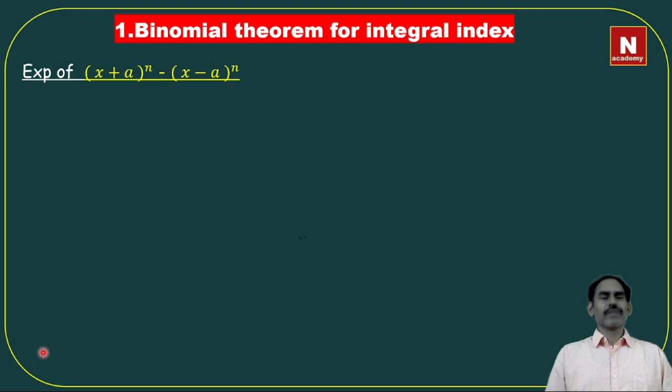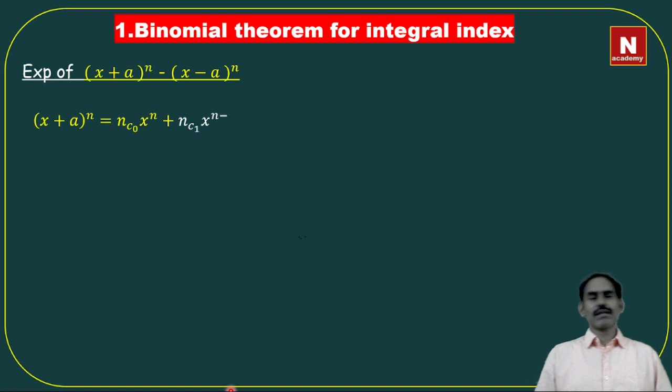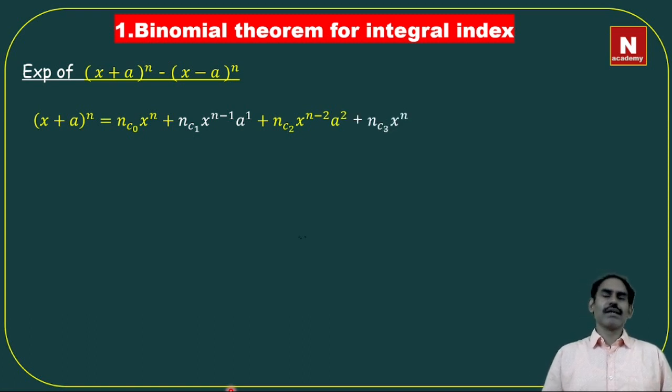Now the expansion of (x + a)^n - (x - a)^n. See (x + a)^n, once again I am writing the expansion: nC0 x^n + nC1 x^(n-1) a^1 + nC2 x^(n-2) a^2 + nC3 x^(n-3) a^3 and so on.